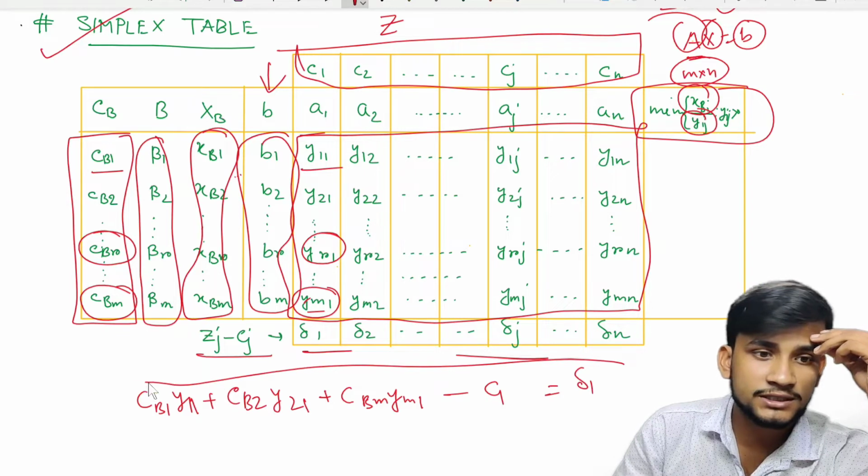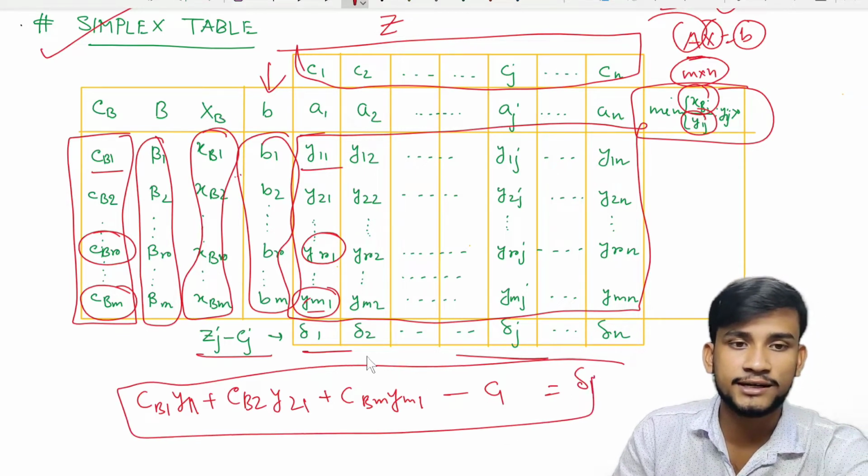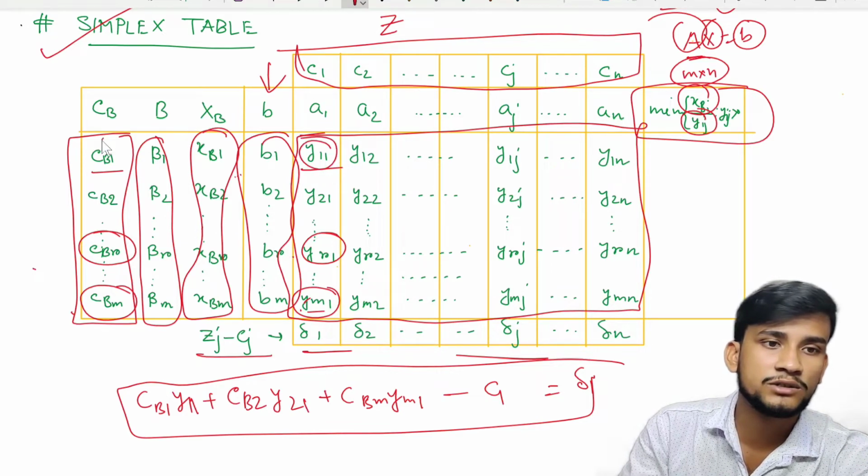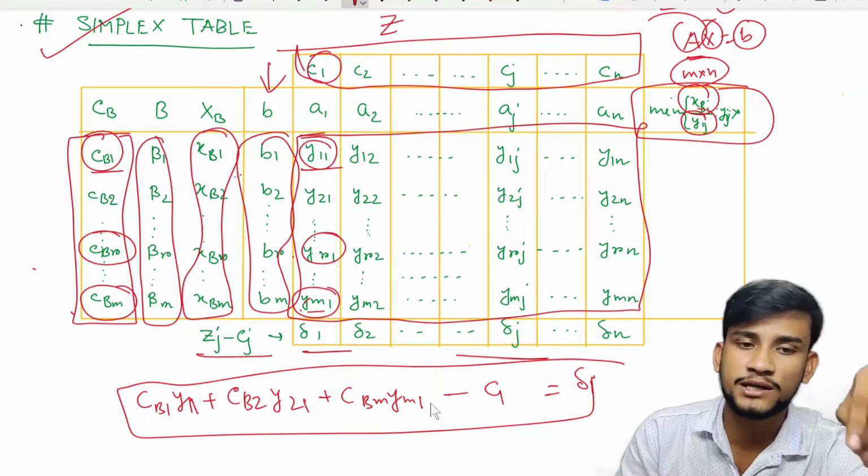So this is delta 1, and delta 2, delta 3, and so on. This into this plus this into this plus this quantity into this quantity minus this quantity gives the delta.